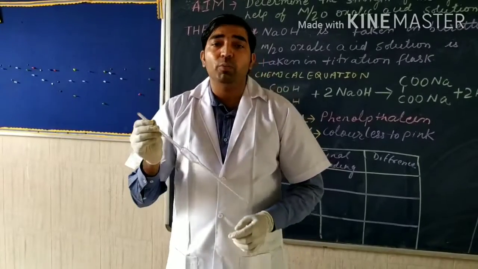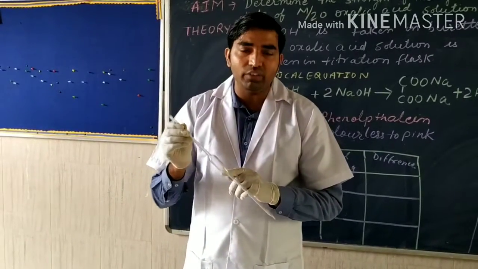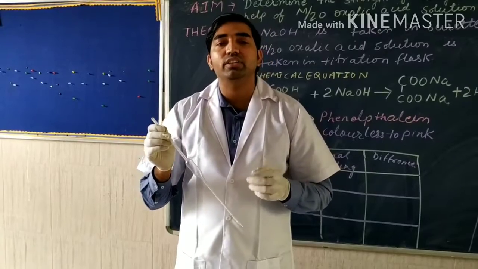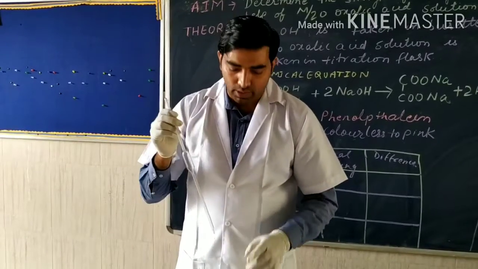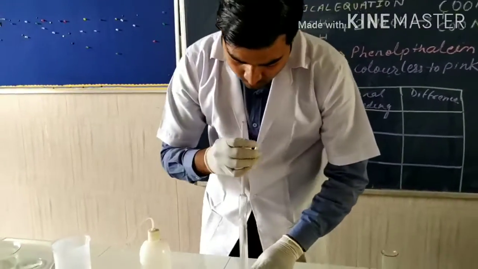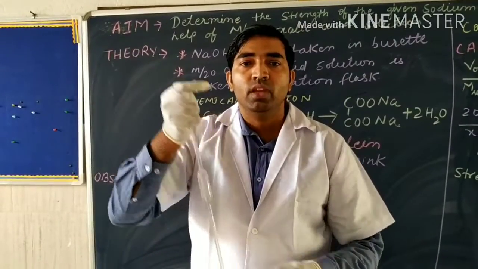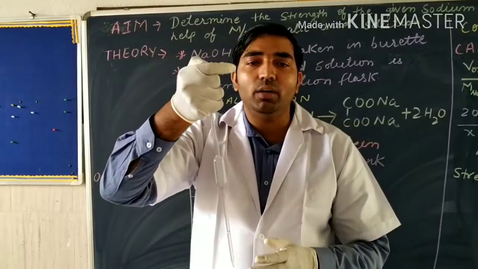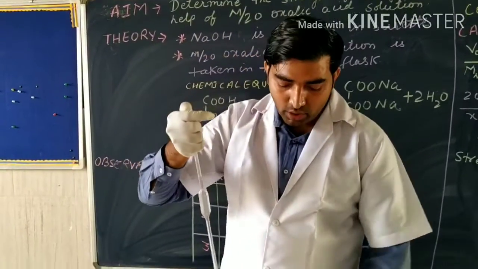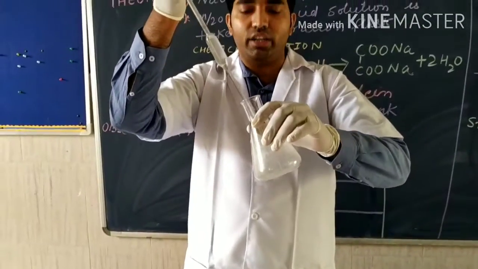Now we have to pipette out exactly 20 ml with the help of this pipette and transfer it into the titration flask. See, this is the exact 20 ml volume of oxalic acid which you have to transfer into this titration flask.